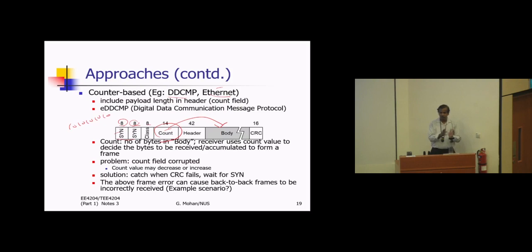Whenever an adapter wants to send something, first it sends sync bytes. This will help the receiving adapter synchronize its clock, because even though the adapters run the clock at the same speed, there may be a small drift between these two clocks. They may not be exactly synchronized.